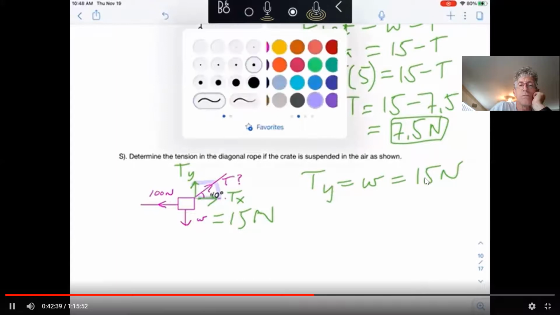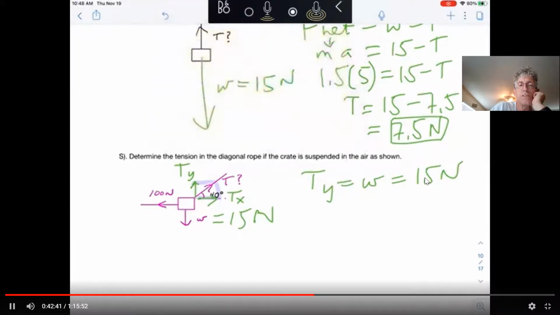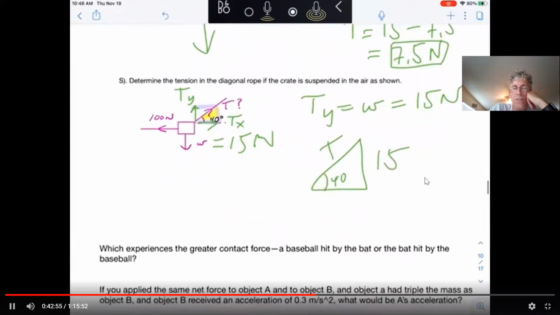And let's find what Tx is. If I have an angle and a leg of the triangle, I can find the hypotenuse using one of those equations on the equation sheet. So Ty is 15. And so Ty is T times sine of 40. That's on the equation sheet.